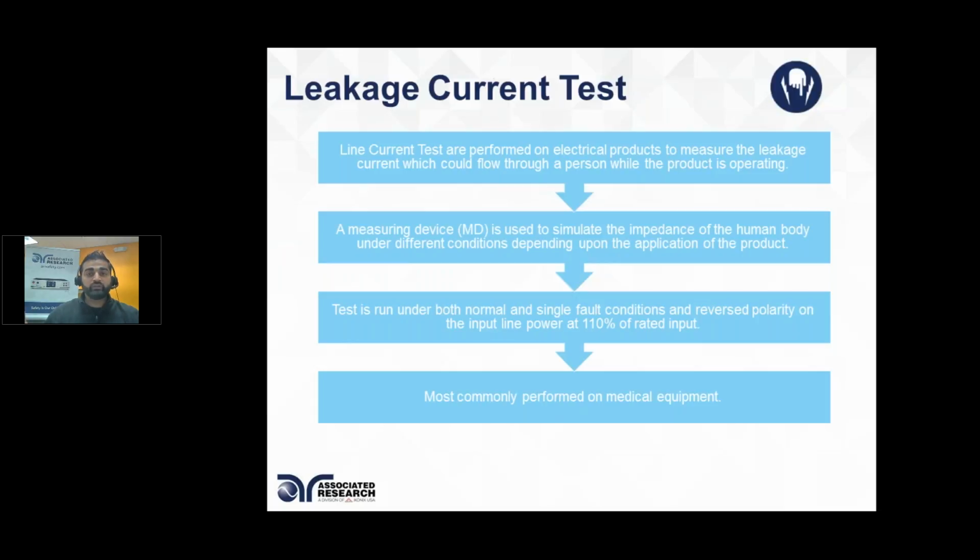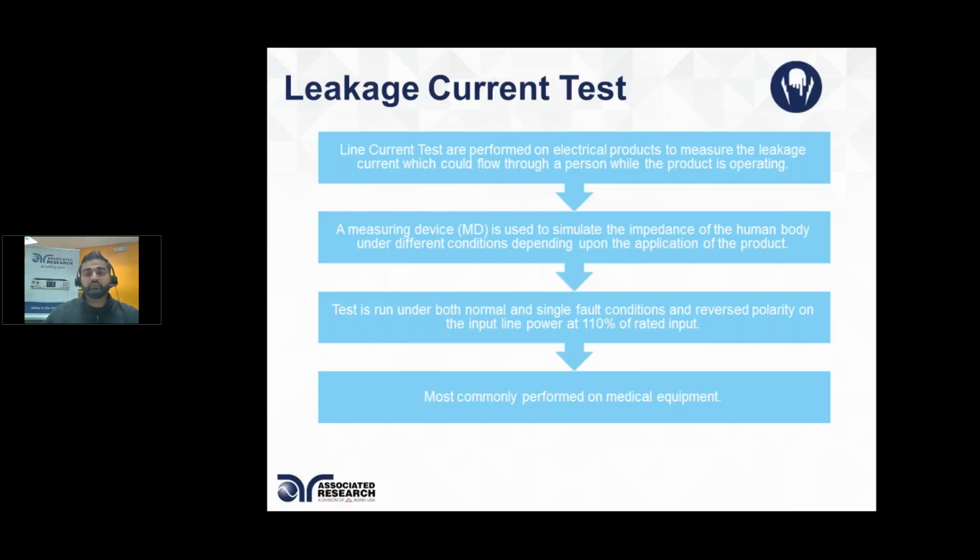Now the toaster is waiting for a ground, for somebody to provide a ground for the current to leak. So all that current is going to pass to the person, and we're using a measuring device to measure this leakage current. The standards will ask you to run both single fault conditions, which could be an open ground. Imagine somebody broke off the ground pin of your class 1 product, or the electrician didn't wire up ground properly on an outlet.